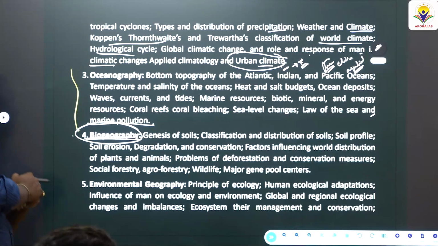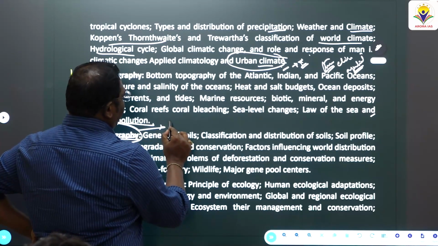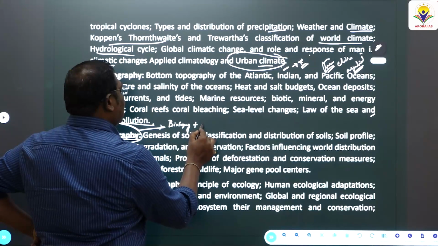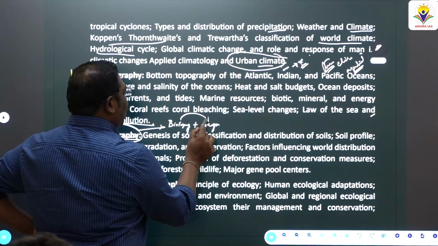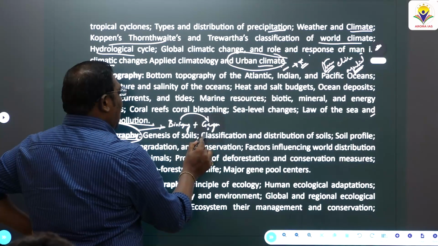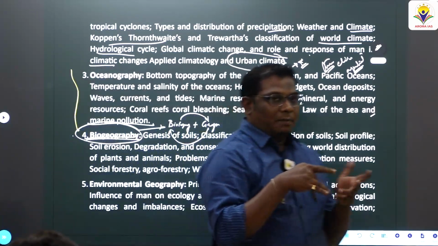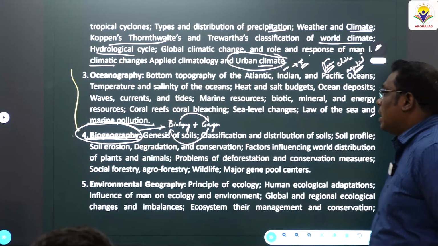Biogeography, that is the genesis of the soil, something related to geo, and this can be discussed as biology plus geography. How the biological elements have been modifying the geography, how the geography is modifying the biological elements. That complex relation of biology and geography is biogeography.